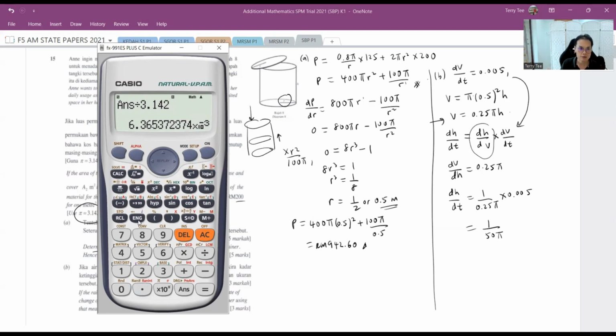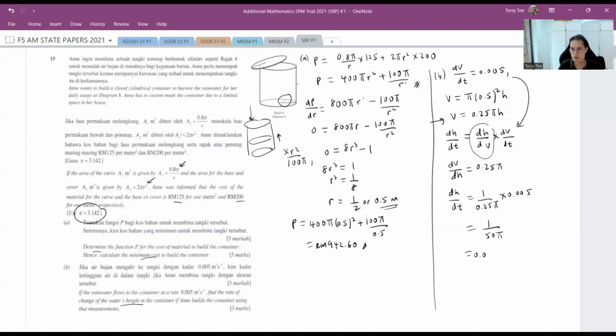Shift ENG twice, just change to numeral form. 0.00637, or 0.00637 for 3 SF. Very, very small value. If you want to write the unit, it would be meter per second. Actually, you don't have to write the unit. No marks even for writing the unit in the exam.